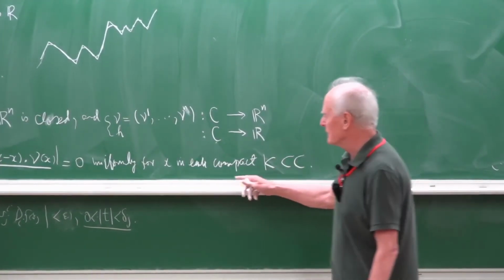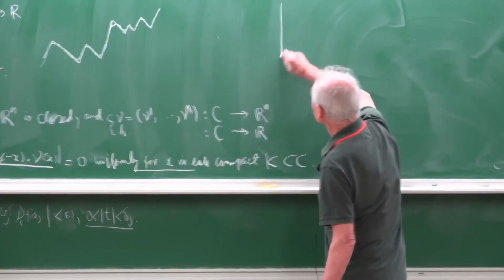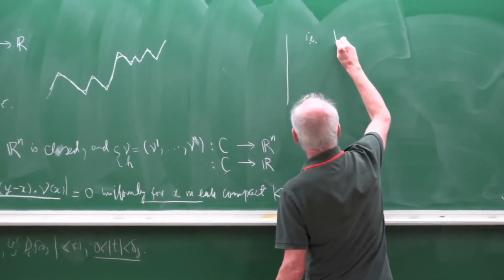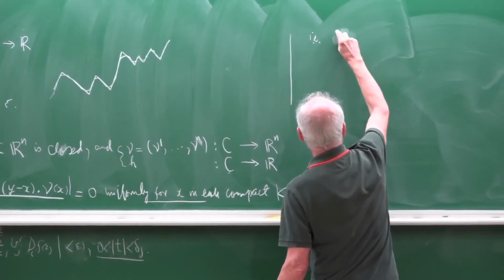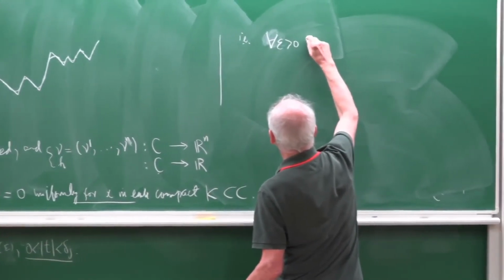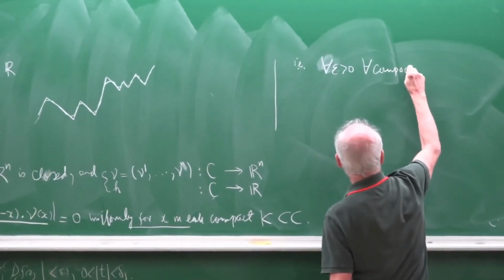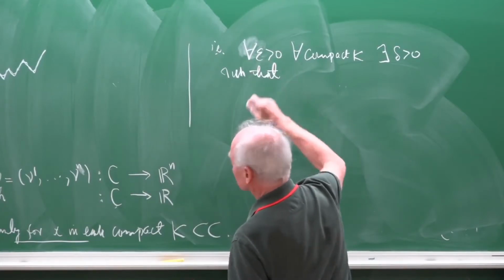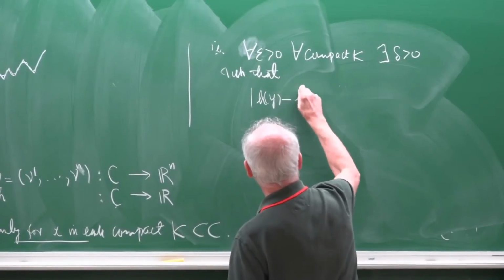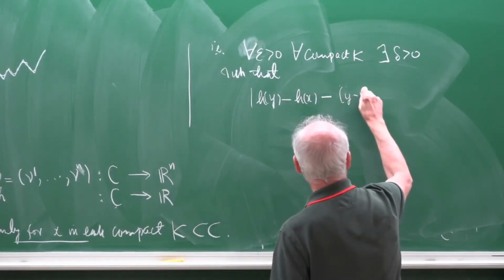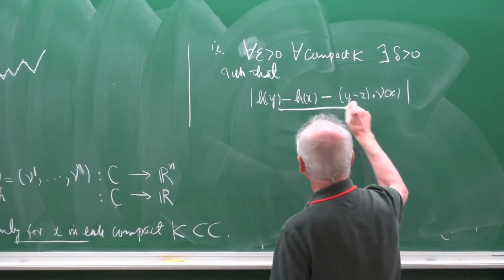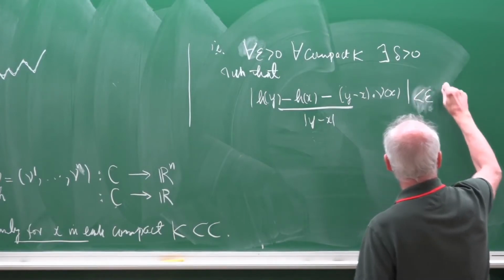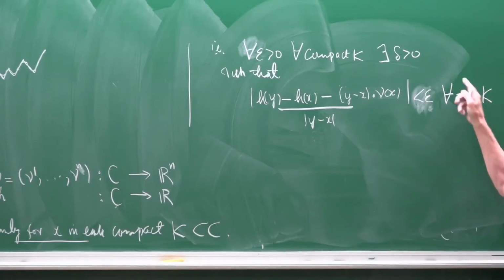Now, I'd better make clear what this uniformly for x means. It means that for every epsilon bigger than 0 and for every compact K, there exists a delta bigger than 0 such that this quotient, Hy minus Hx minus y minus x dotted with nu at x, over the length y minus x, is less than epsilon for every x in K. You see there, that's what the uniform means.